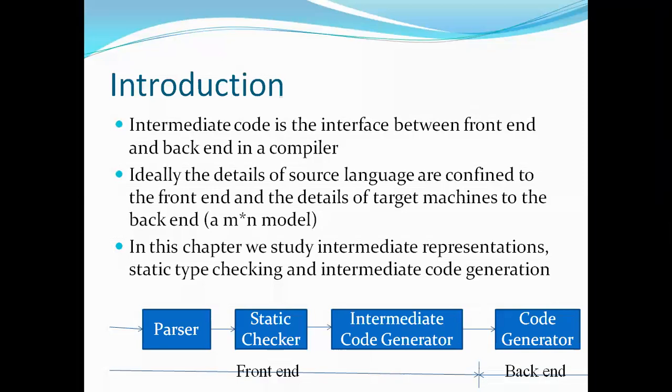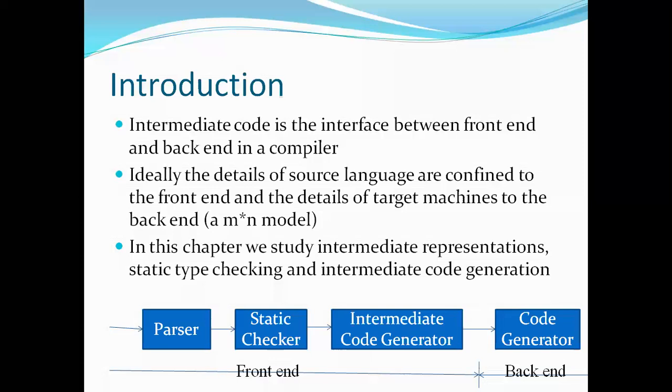That is why we call it a machine independent code optimizer. It can be applied to intermediate code in order to optimize the code generation, right? And these are the most important benefits.